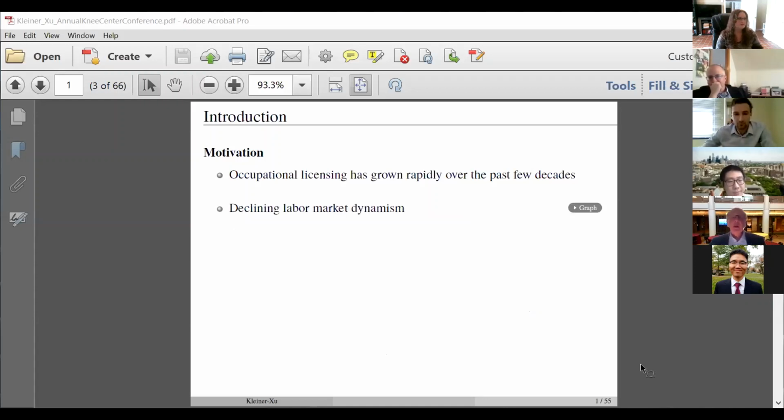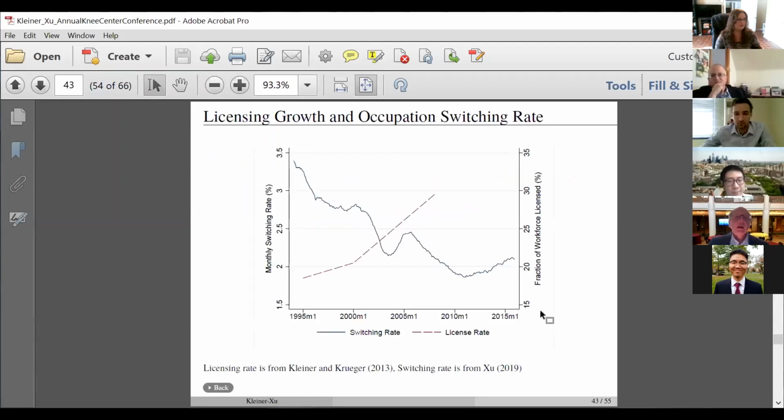One thing we noticed is also a decline in labor market dynamism. And what I mean by that is the following. Licensing growth and occupational switching rates: this line is the decline in people switching between occupations from the mid-1990s to early 2015.